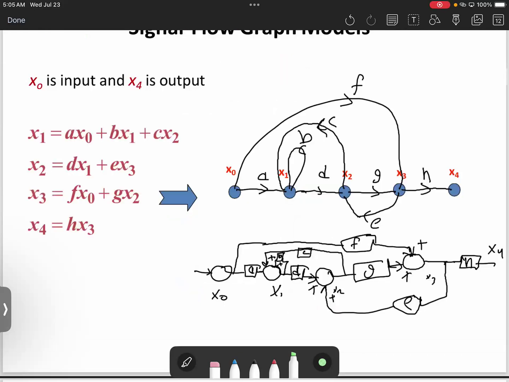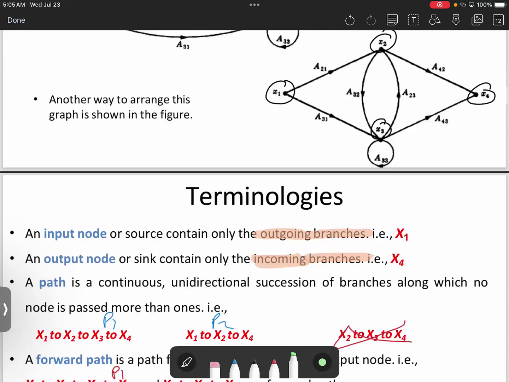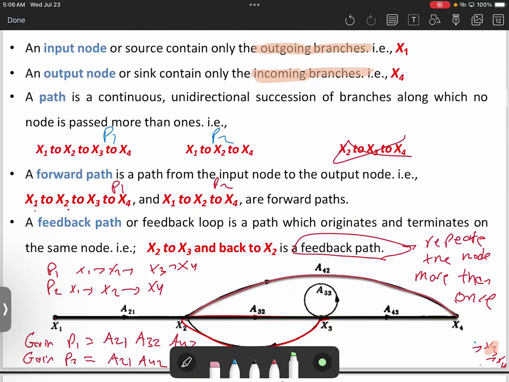We also mentioned input nodes and output nodes. An input node is a node that has everything going out from it, and an output node has everything coming in, which is an incoming branch. A path is a continuous chain of branches connected together, passing from one side to the other.